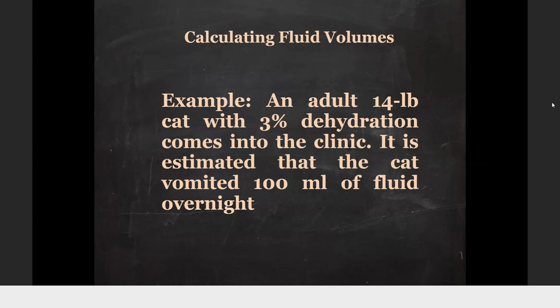This estimation was told by the owner before they brought the cat to the clinic. So you have two pieces of information over there. You have the rehydration status, in which you need to rehydrate 3% fluid loss for the animal. Second, you have the ongoing fluid loss, which is 100 ml.